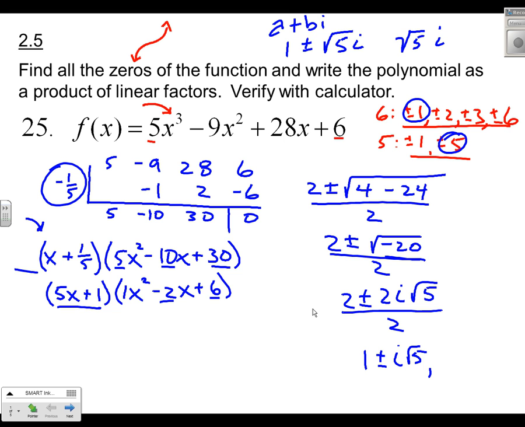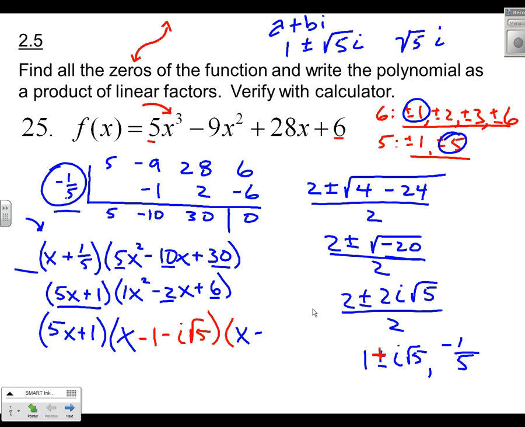My other zero we already found is negative 1/5. And my linear factors become 5x plus 1 times x minus this guy, 1 minus i root 5. So that is x minus 1, distribute the minus, i root 5, times x minus this guy.